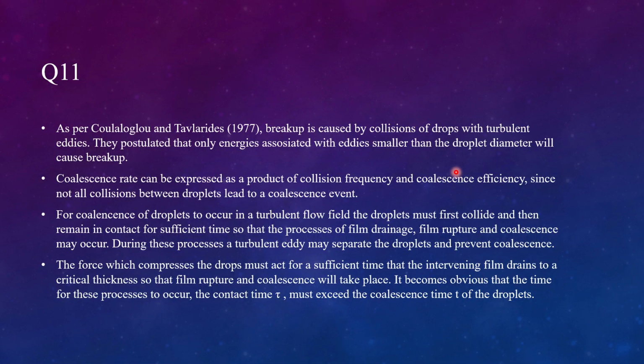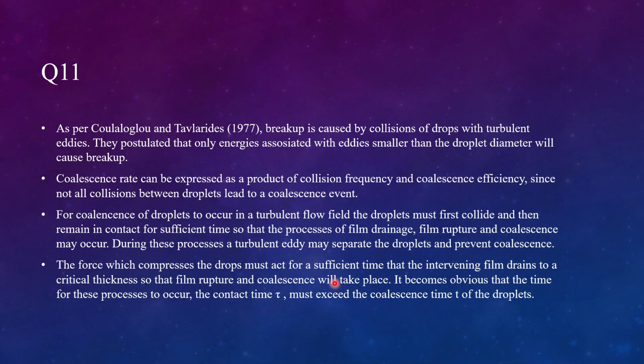After that the liquid gets trapped, and then the film drainage, film rupture and coalescence may occur. A turbulent eddy may prevent the coalescence. The force which compresses the drops must act for sufficient time so that the intervening film drains to a critical thickness, so that film rupture and coalescence will take place.